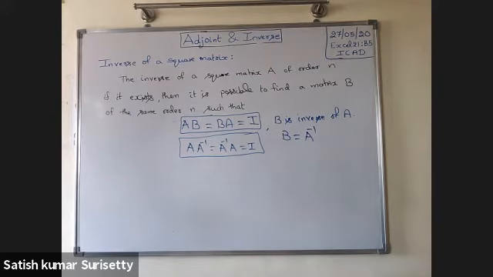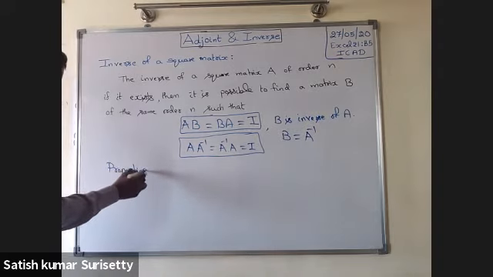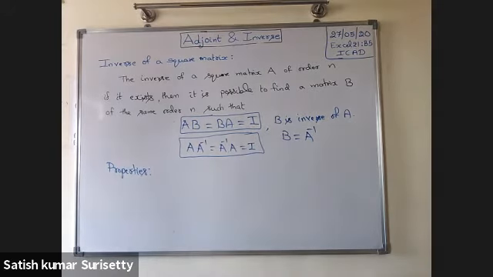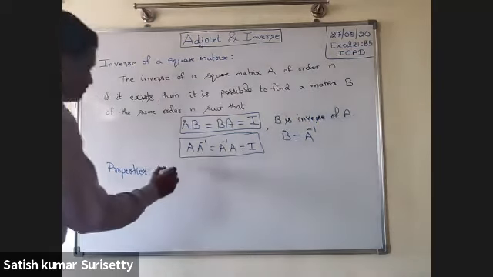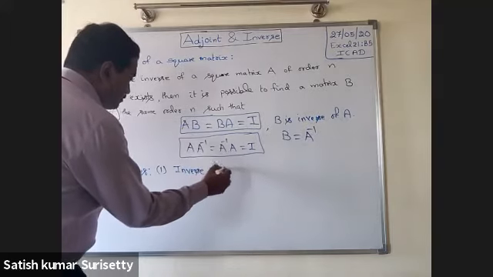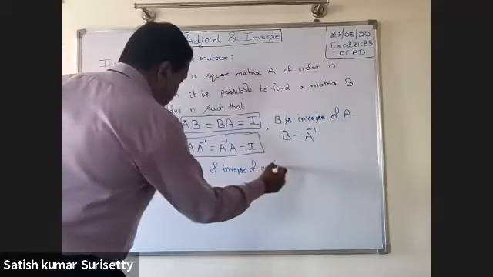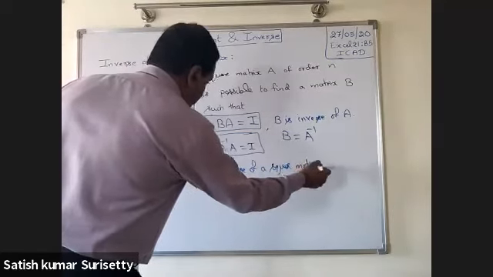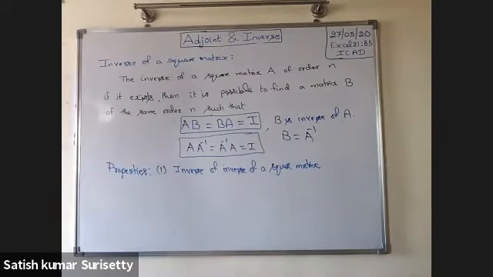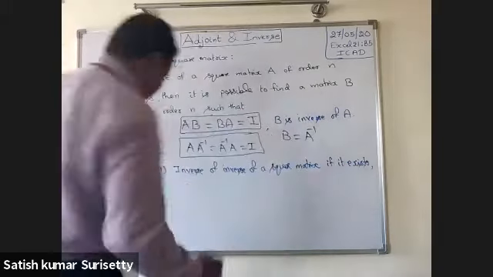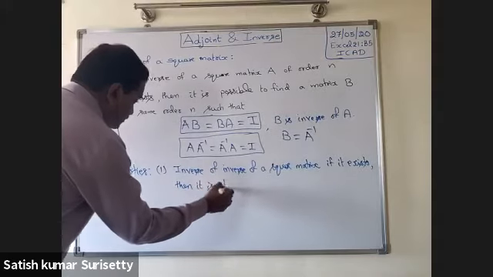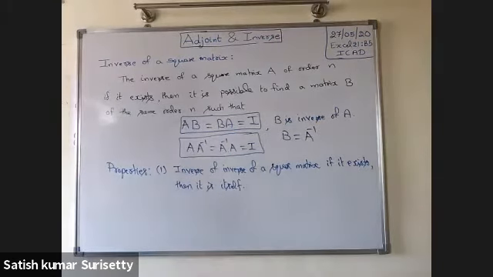Properties of invertible matrices. First one: the inverse of a square matrix, if it exists, then it is itself.